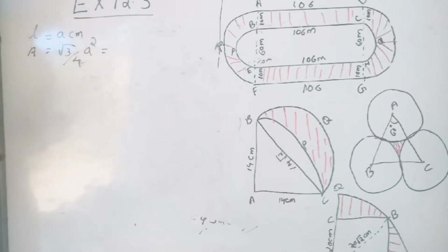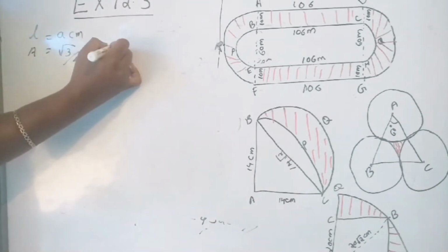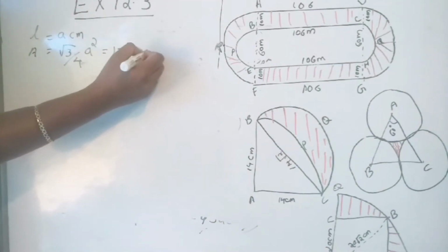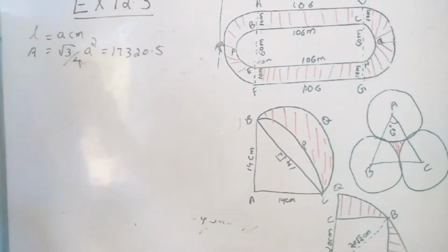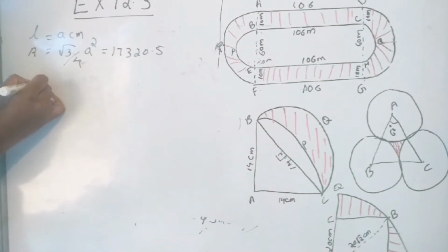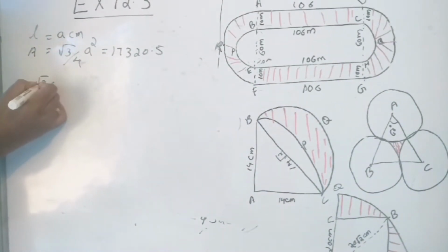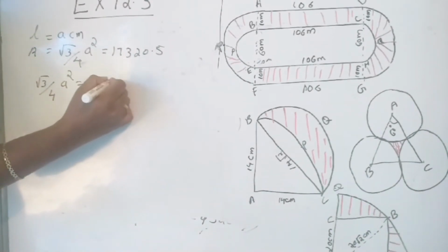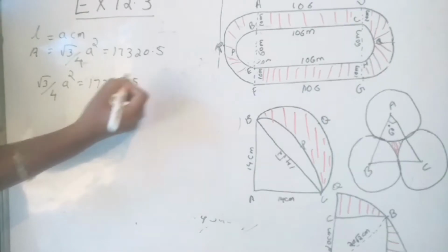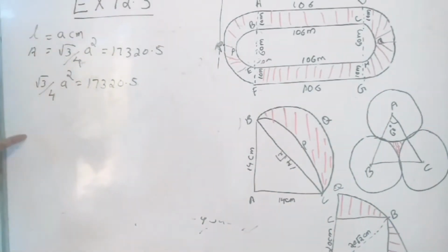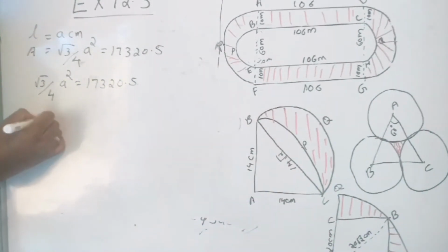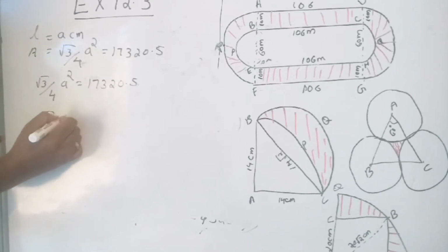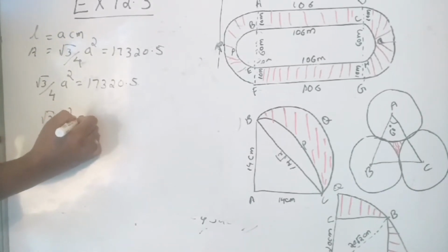That value is given in the question, that is 17320.5. Now, root 3 by 4 into A square is equal to 17320.5. Now take this 4 to the RHS.